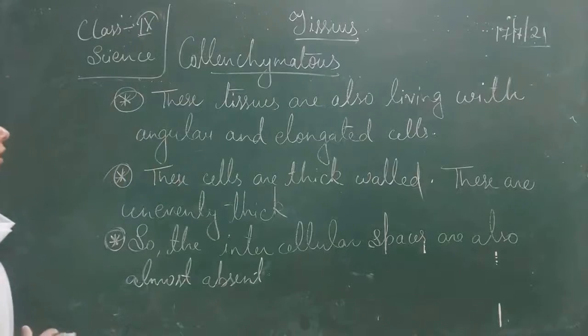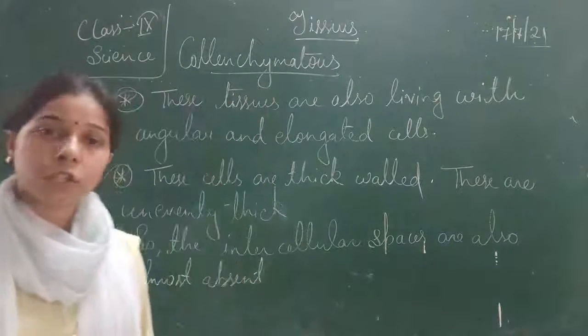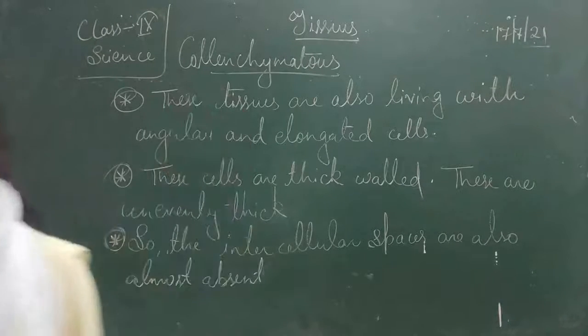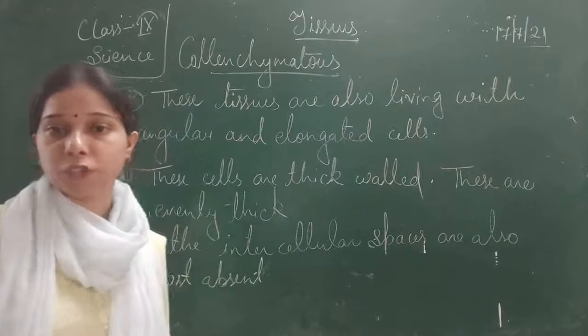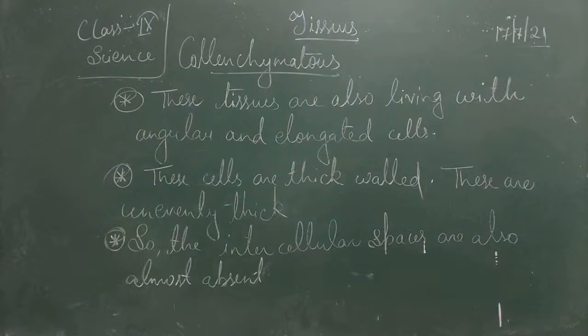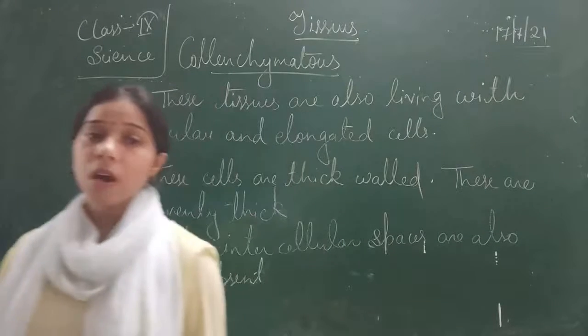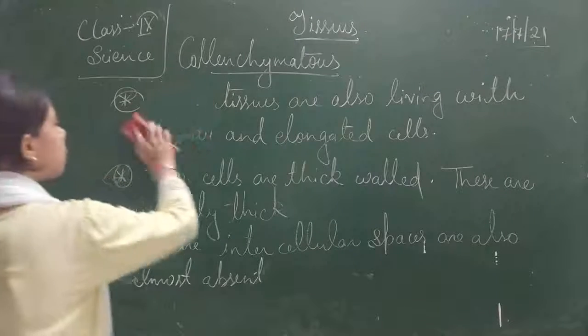We can say the tissues are living with elongated cells in it. These tissues are thick, with uneven distribution of the thickness. It means somewhere it is thin, somewhere it is thick. The reason is the deposition that occurs in it, and because of this only, the intercellular spaces between them are also absent.